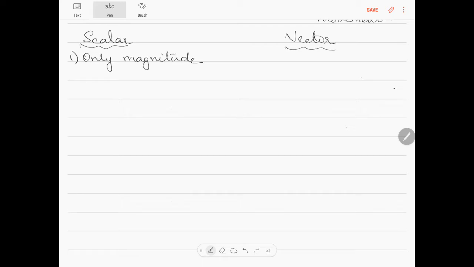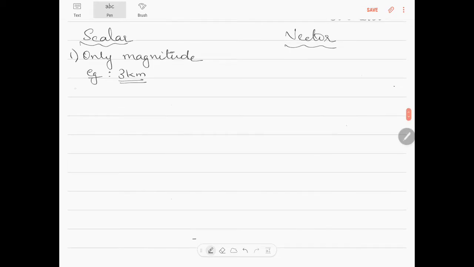Suppose a car moves a distance of 3 kilometers, then the distance is equal to 3 kilometers. So 3 kilometers says only the magnitude, so that's a scalar quantity. For example, mass.